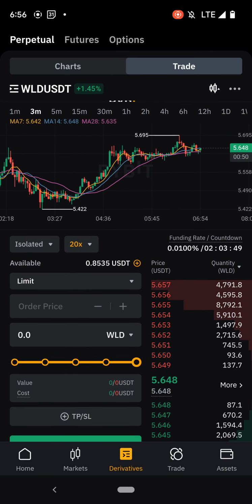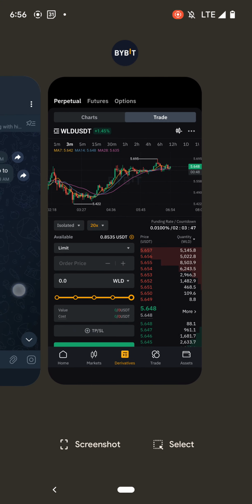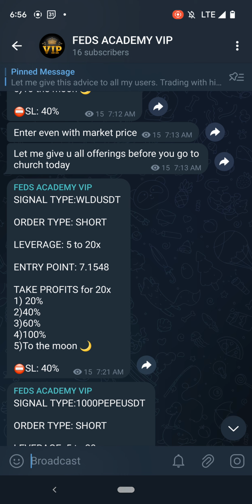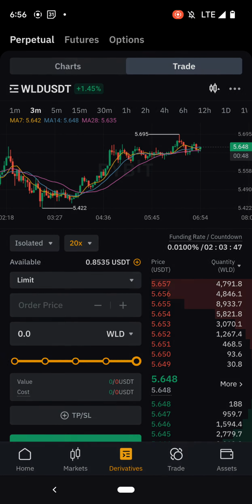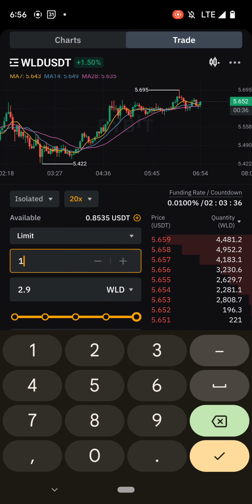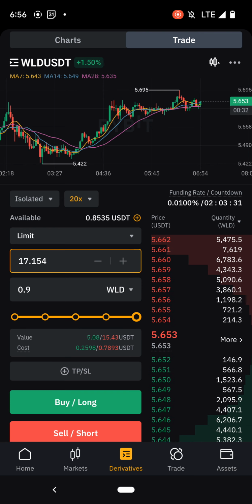Okay, WLD, good. This is it. They say short 5 to 20x. Entry point, they say 17.1548. So 17.1548, good.